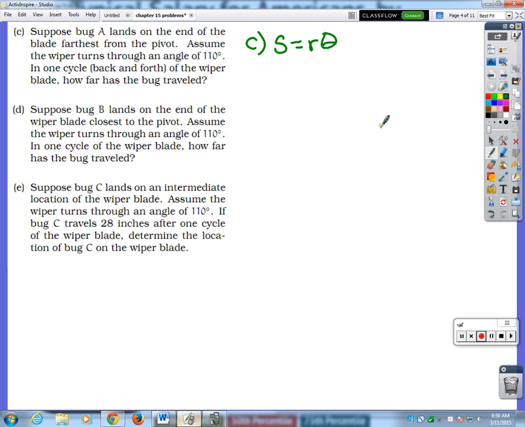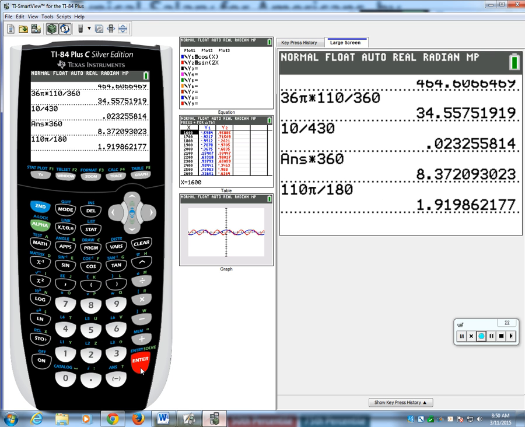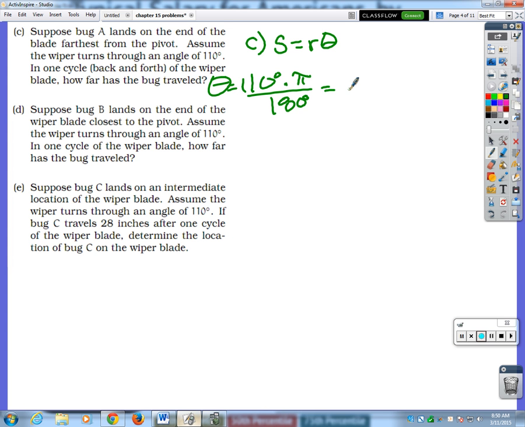So I need to take 110 degrees and change it into radians by multiplying by pi over 180. So should we just figure that out in the decimal? 110 times pi divided by 180 is about 1.92 radians.